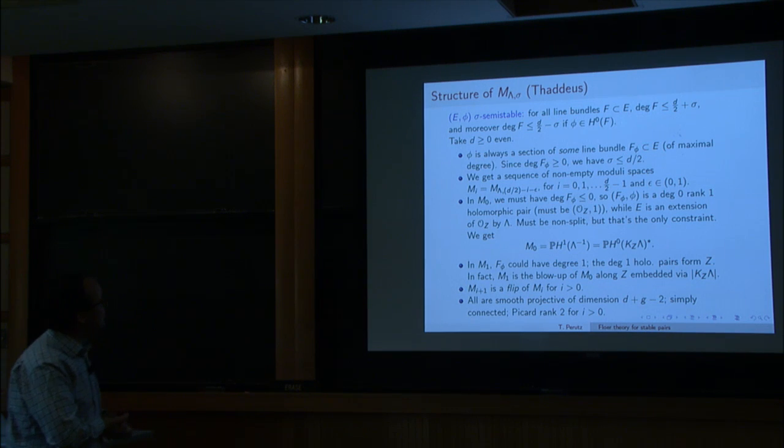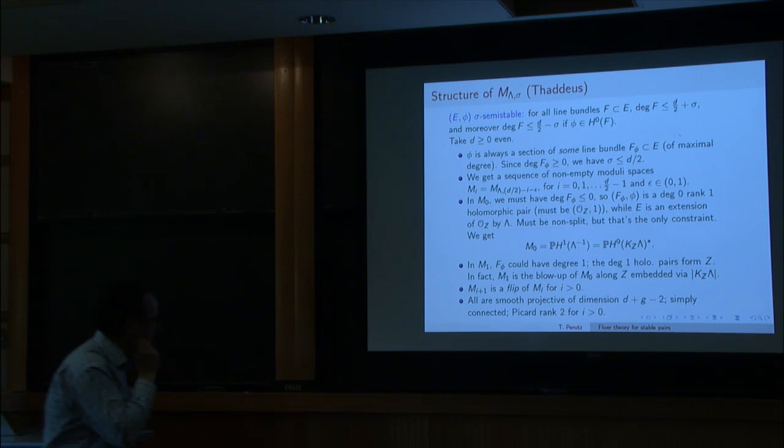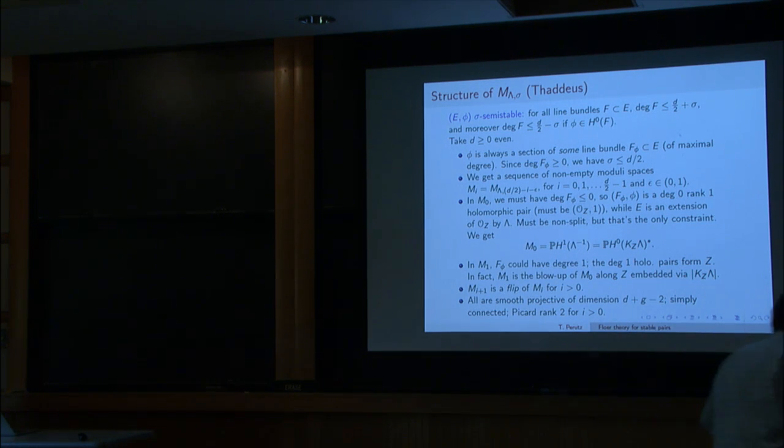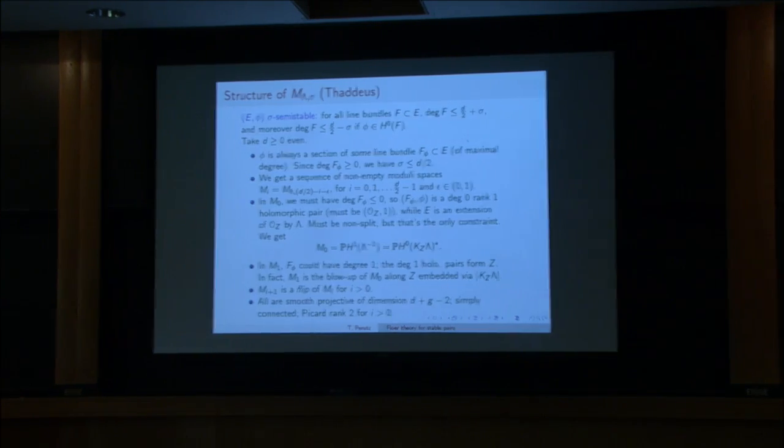So what happens is that you get a sequence of non-empty moduli spaces, M_i. It's kind of hard to digest when it's written in the middle of a dense slide like that, so let me just write it again.